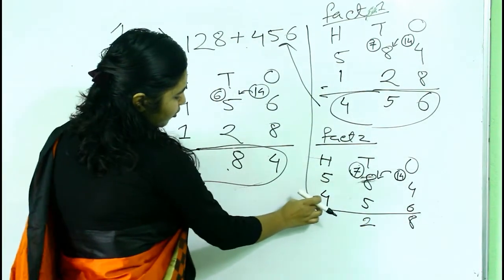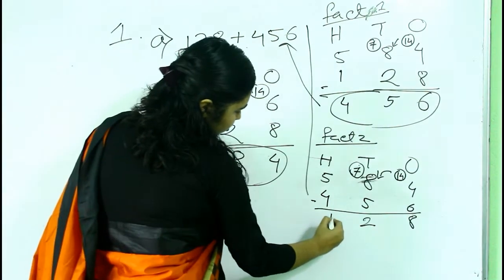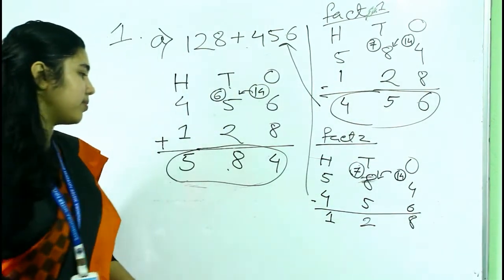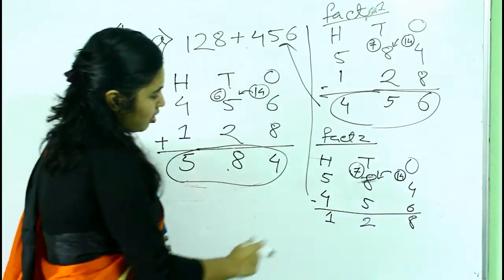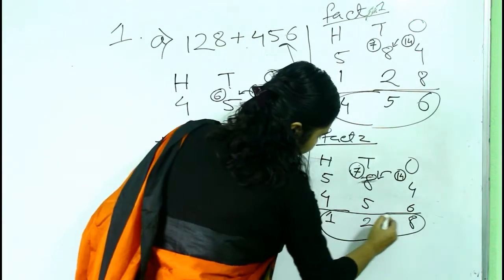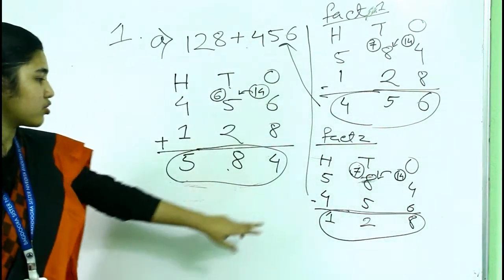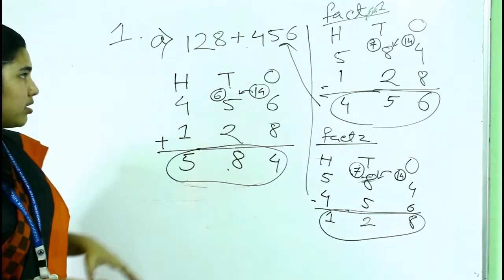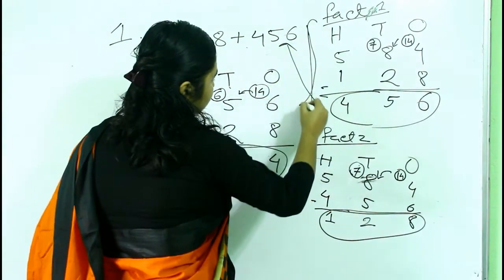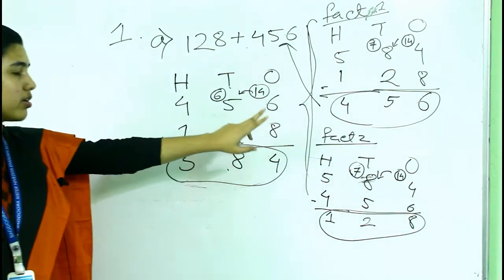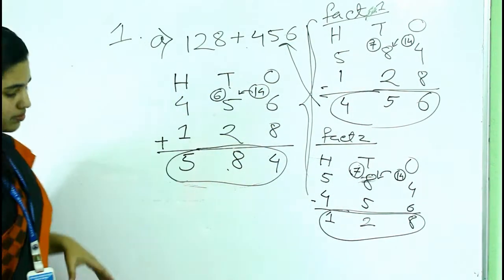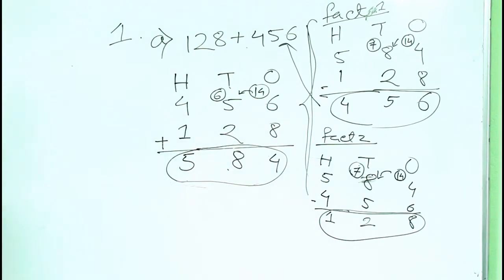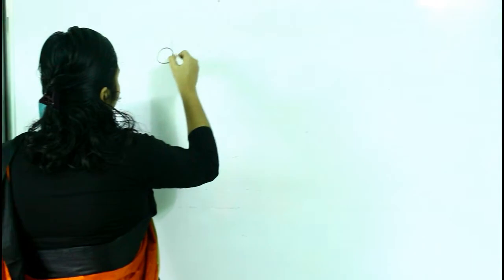And here 4 is less than 5, so subtract 4 from 5, which is 1. So look at here, we will get 128. So 128 is nothing but our other number. So these are the two subtraction facts. Next take another problem, number D.